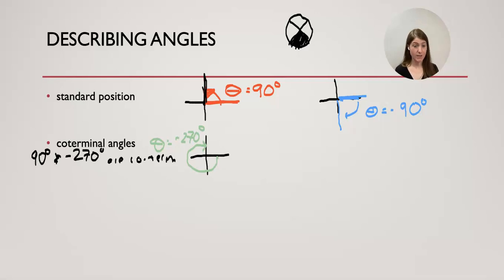Now, if I wanted to give yet another coterminal angle, I could go ahead and think about rotating a different direction, starting at that 90. So I want you to think about, in this case, if I rotated to 90, and then I kept on rotating back again. It's a little hard to see with that yellow, but I'm going 90 and then I'm going another 360.